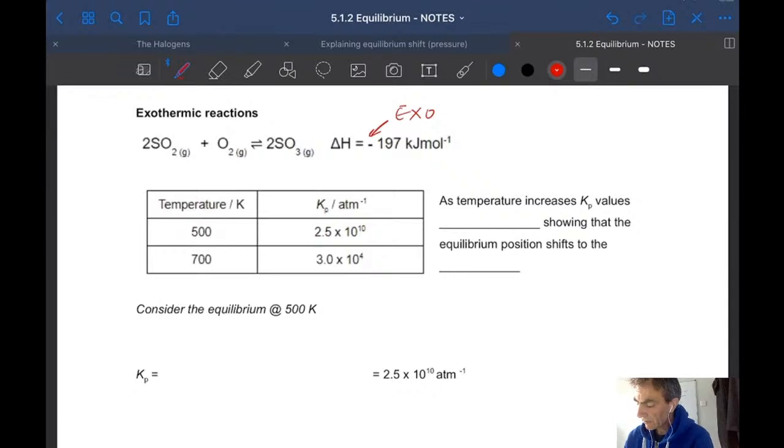What's happening to the Kp value? At 500 Kelvin, Kp has a value of 2.5 times 10 to the 10 atmospheres to the -1. We won't bother with the units. When you increase the temperature to 700, Kp goes to 3 times 10 to the 4.